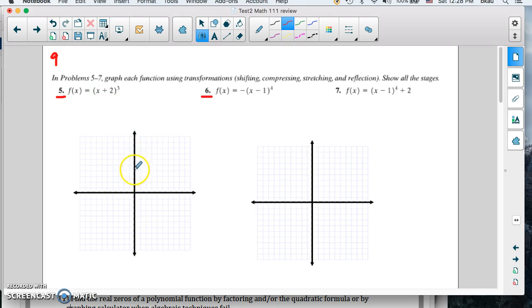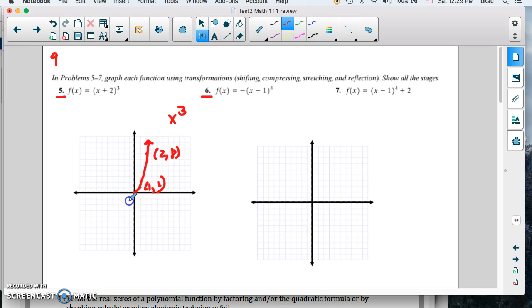It's one of those ones that you have memorized. So 0, 0 is on that x to the third. So 0, 0, 1 to the third is 1. 2 to the third is 8. So it goes up and through this point, 2, 8, and 1, 1.